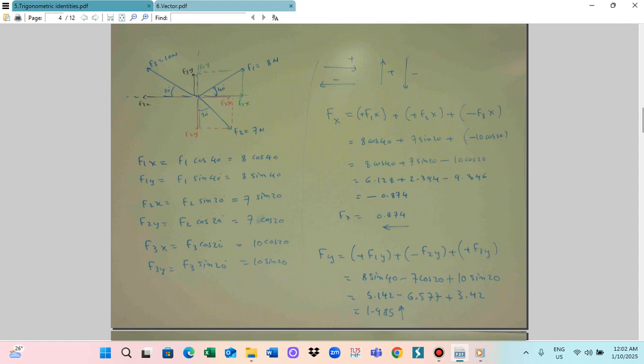So those are substituted: F2x is 7 sin 20, minus F3x, which is minus 10 cos 20. So we substitute 8 cos 40 plus 7 sin 20 minus 10 cos 20. This is how you enter it on the calculator, and then we can calculate. So this becomes cos 40.